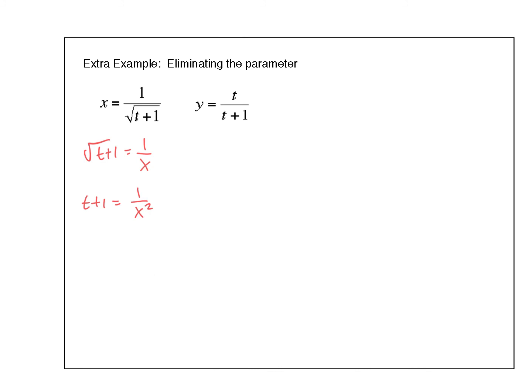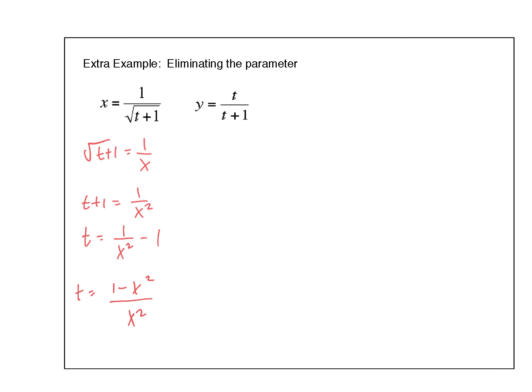So if I subtract 1, 1 over x squared minus 1. I want to write that now as a single term, so I could think of it as 1 over x squared minus x squared over x squared. So I would have 1 minus x squared over x squared as my t. My t equals 1 minus x squared, all divided by x squared.